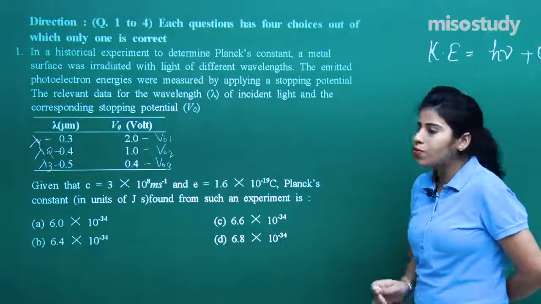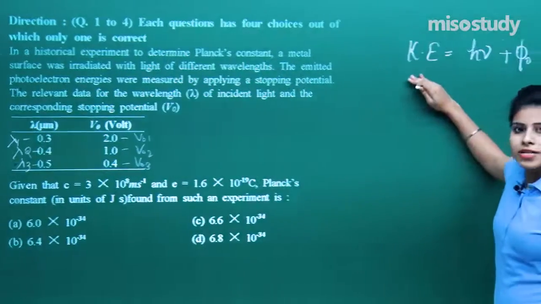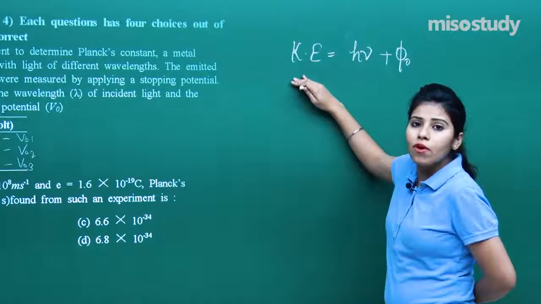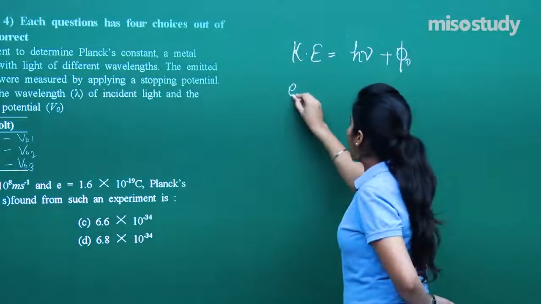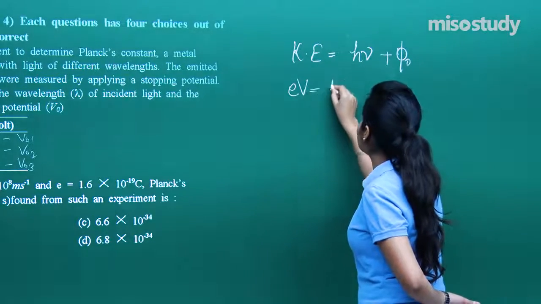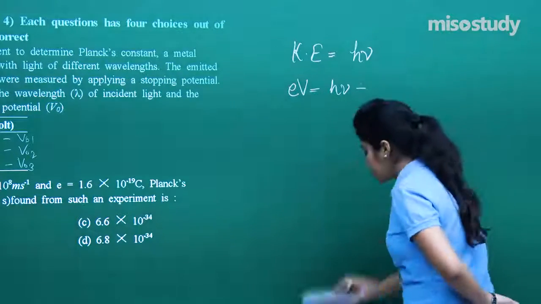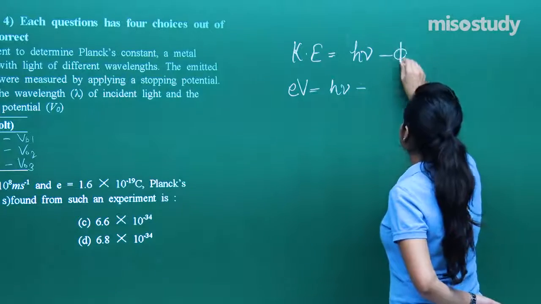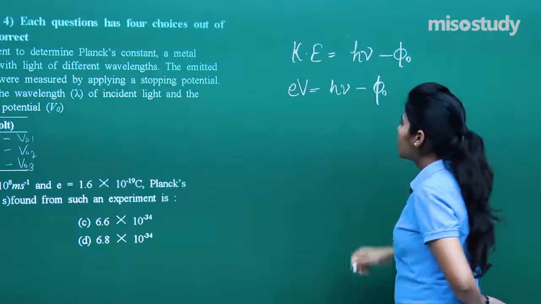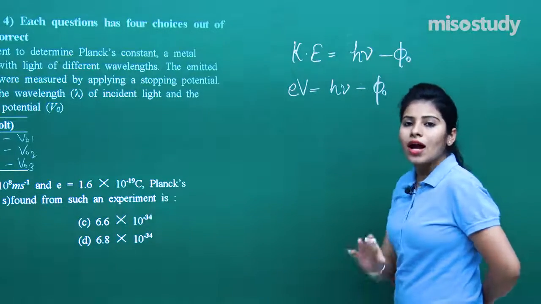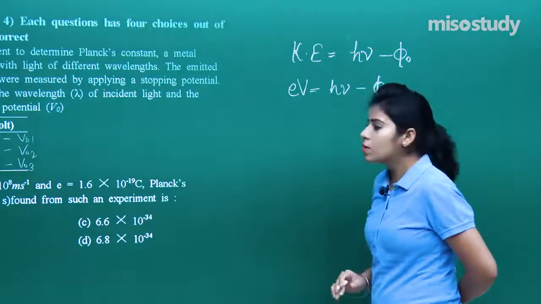Now you know that the kinetic energy can be written in the form of eV. So I will write it as eV equals h nu, not plus, this is minus the work function here, right? So this is your Einstein's photoelectric equation.